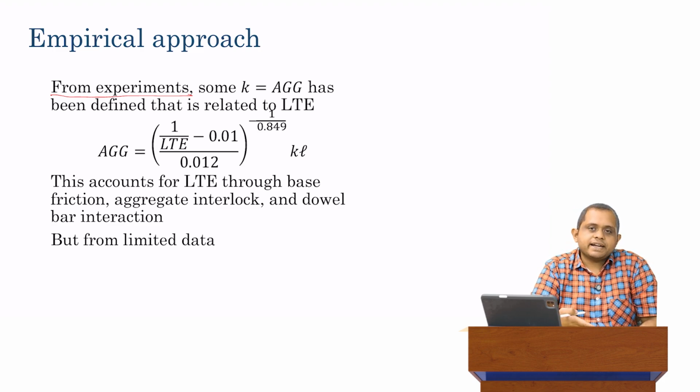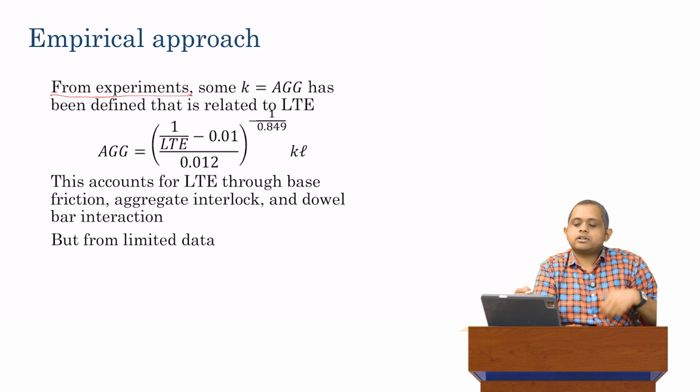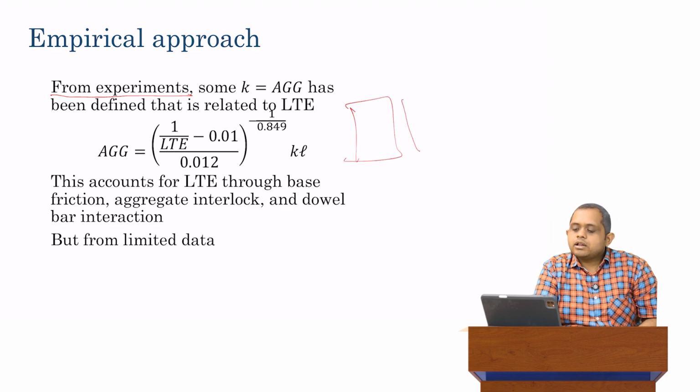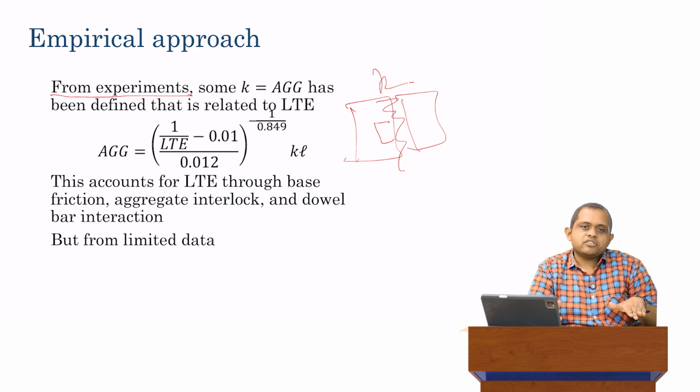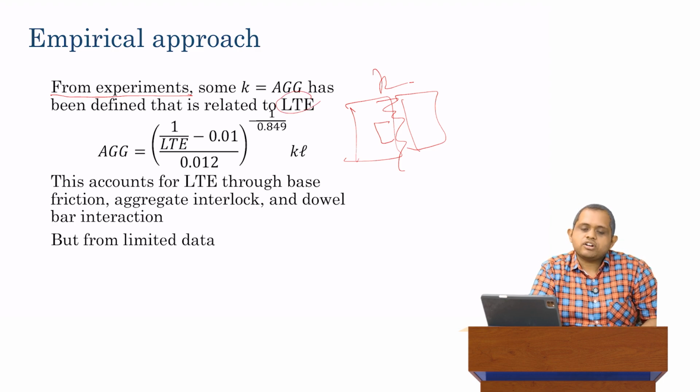They had some slabs. They loaded the slab and then measured the deflections, which is how we did load transfer. And then they went back to the lab, ran the finite element method with different spring stiffnesses K, and tried to see what spring stiffness value gives them the measured load transfer efficiency.